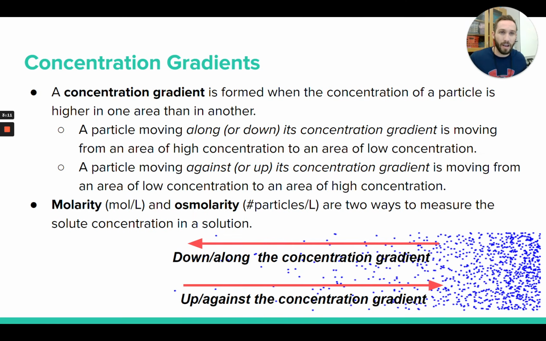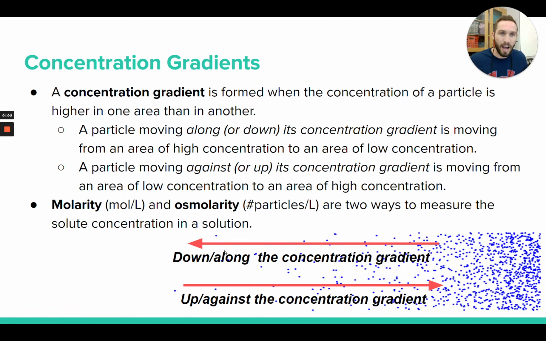Now, if a particle is moving, we could say that a particle is moving down its concentration gradient, or along its concentration gradient. When we say a particle is moving down or along its concentration gradient, what we mean is that particle is going from an area of high concentration to an area of low concentration, like this picture is showing here.